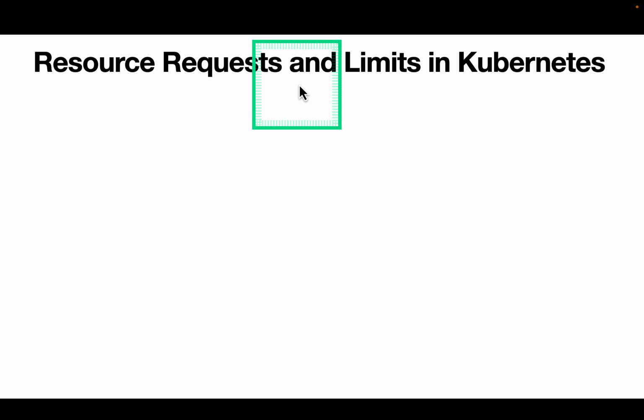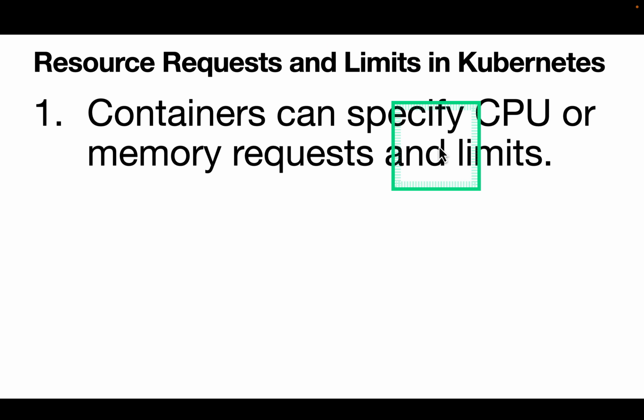Okay, so resource request and limits in Kubernetes. So this is related to requests and limits. When allocating compute resources in Kubernetes, each container can specify request and limit values for CPU and memory, which we have seen. So there is CPU and memory, and both have a CPU request and CPU limit, same for memory request and memory limit.